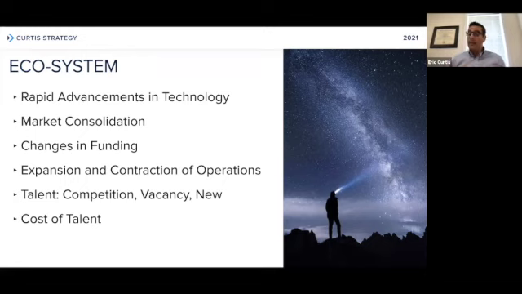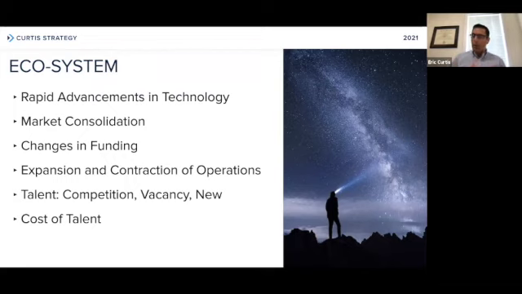And because we can do that, that's part of the reason we're seeing so much market consolidation happening right now. There's a lot of merger and affiliation activity. That's part of the reason, due to technology and affording that ability at scale, but it's also due to the changes in funding. So there's a lot of challenges with trying to forecast revenues, program dollars from the state level. And so that's created a lot of obstacles.